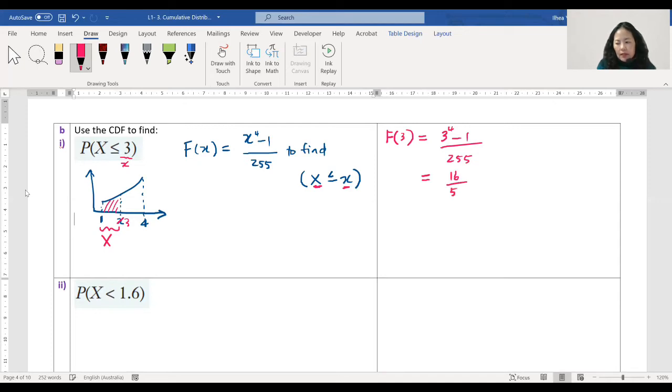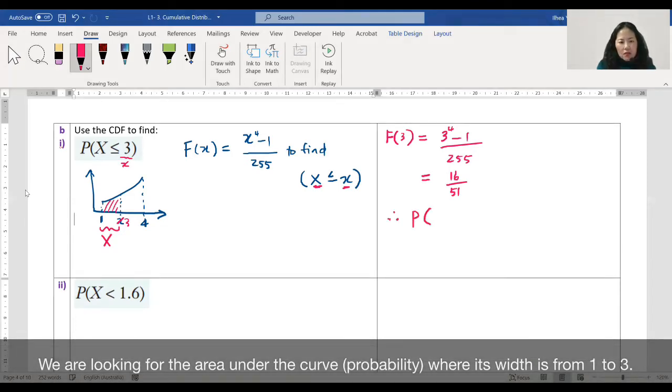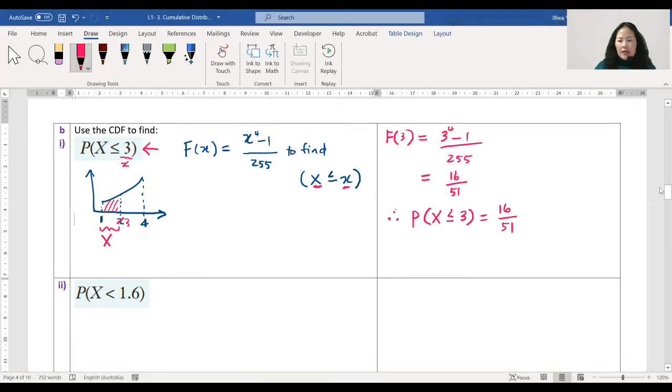Leave it as a fraction because it's more accurate. The answer, I want you to write as it's given. We want to find the probability of all the possible values less than or equal to 3, and the probability is 16 over 51. That's it. The next one.